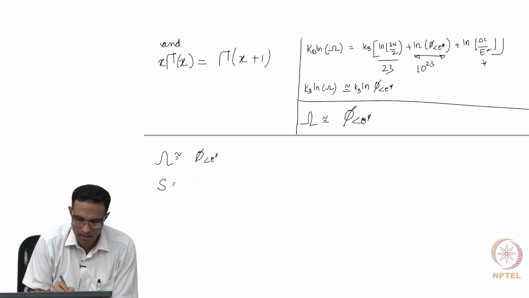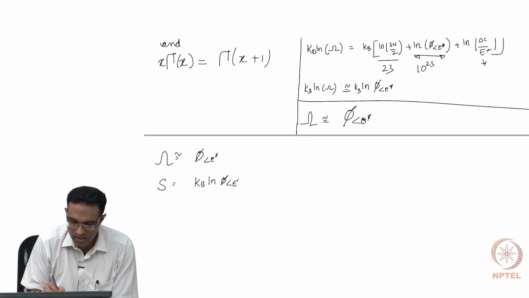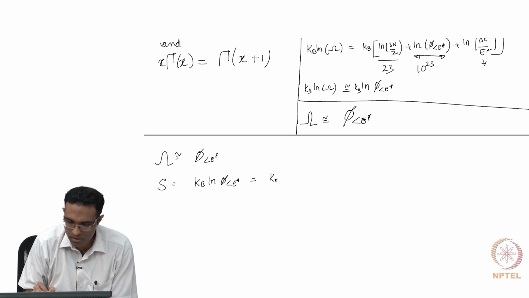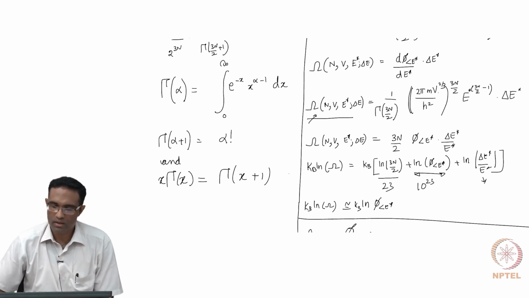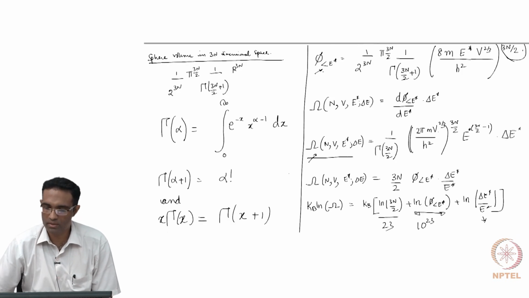Therefore, our entropy S is nothing but Kb ln of phi less than E star, which is Kb ln of this quantity right here.